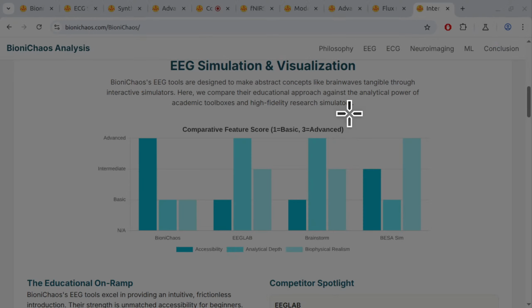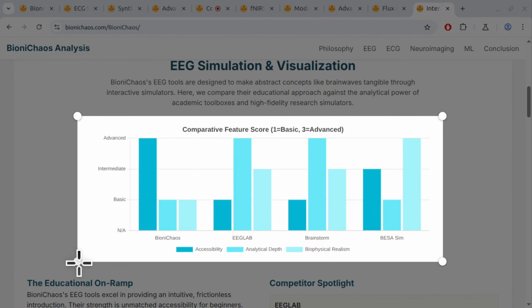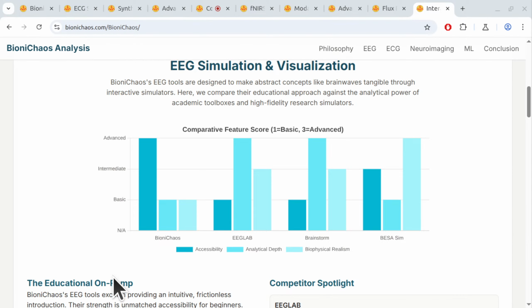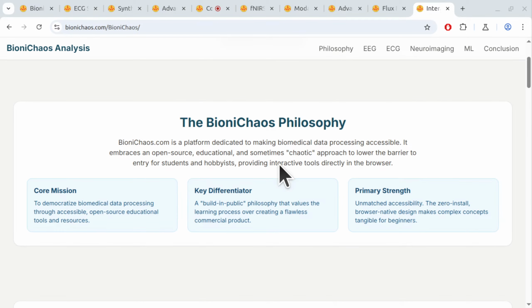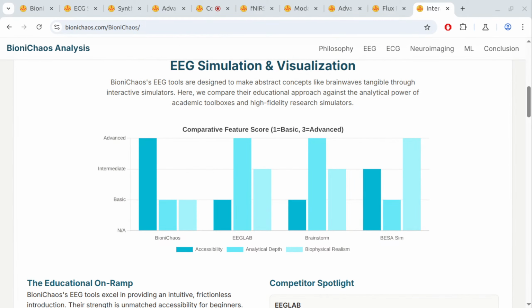Okay, we're having trouble already. Can Notebook LM do images? No. I think it's only doing the text.